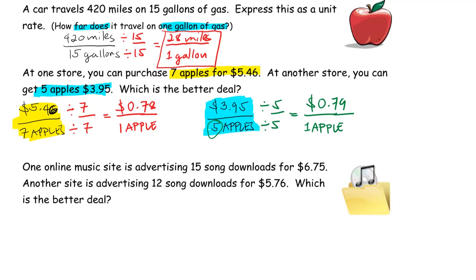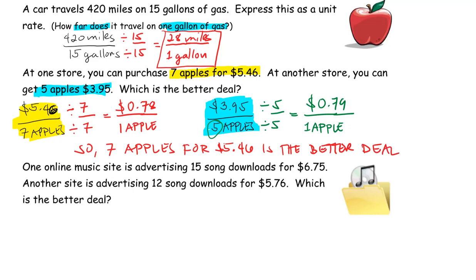Okay, so therefore, 7 apples for $5.46 is the better deal, because you pay less per apple. So the better deal is this one here.